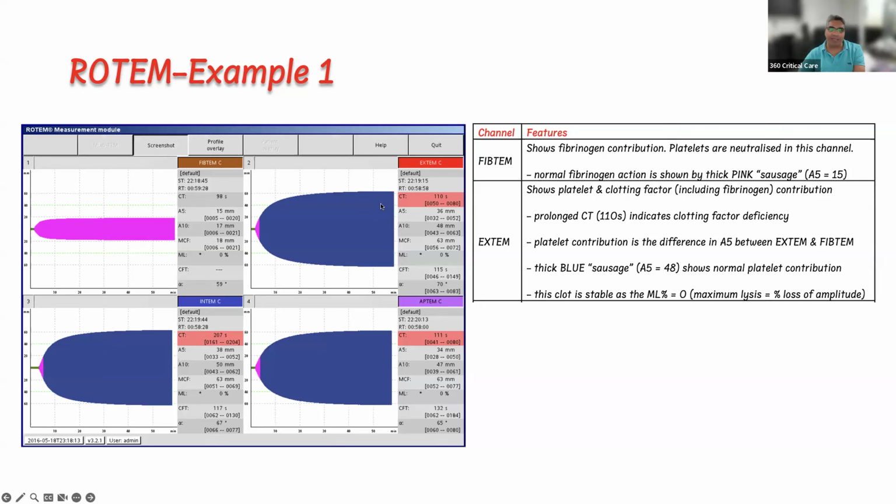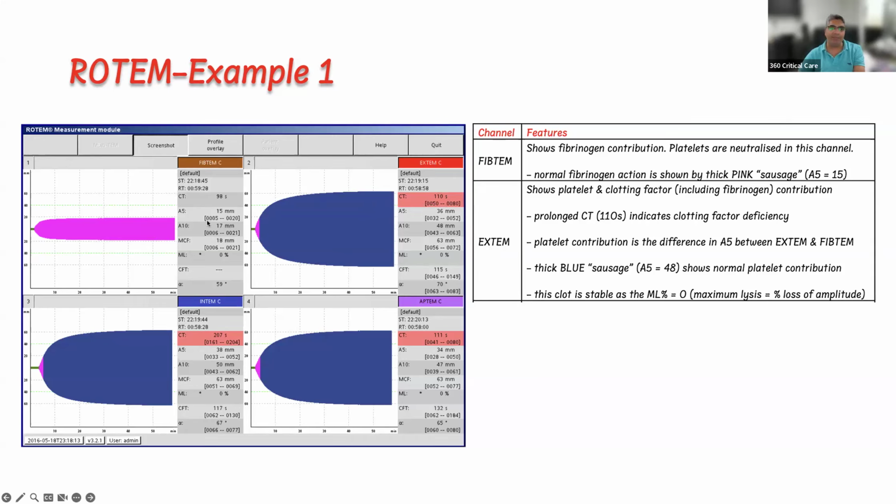EXTEM looks at platelets and clotting factors, including fibrinogen. Now in this case, the CT is prolonged to 110, which indicates possible clotting factor deficiency because the fibrinogen is normal here, and either it is a platelet issue or a clotting factor issue. Now, platelet contribution is the difference in A5 between EXTEM and FIBTEM.